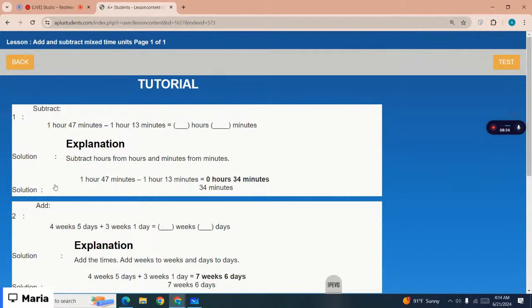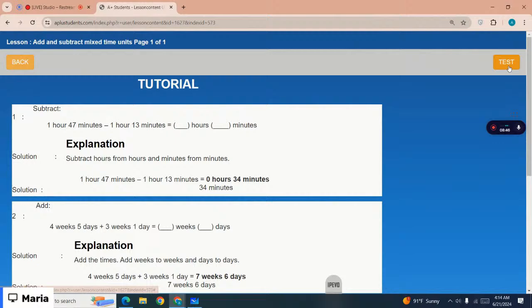So let's just subtract minutes. 47 minutes minus 13 minutes, that is 34 minutes, and 1 minus 1 is 0. So you have 0 hours 34 minutes. Got it?